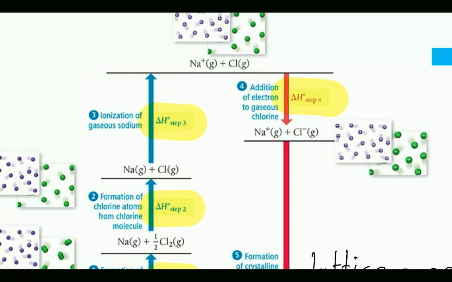The last step before we can form the lattice is to take an electron and add it to chlorine. And this is the only step that's exothermic in the whole process, aside from the lattice energy. And so that's why this then comes down.